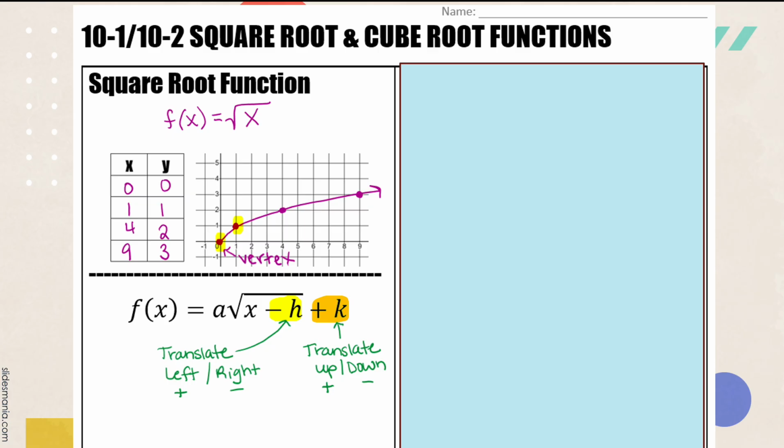Then if we have a number on the outside of the square root, that's going to translate our graph or move our graph up or down, and it's going to move it based on it being positive or negative. You'll notice we have an a value in front. We're going to keep that a value as 1 as we're learning these functions, but that a value would do the exact same thing, and we'll talk about that in a later section. So if you need to, pause the video and copy that down.